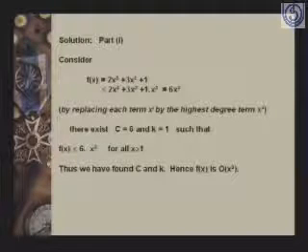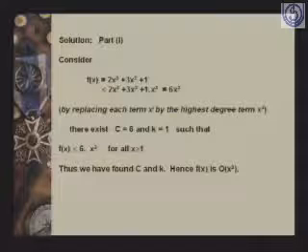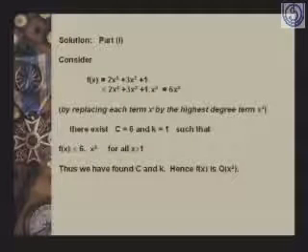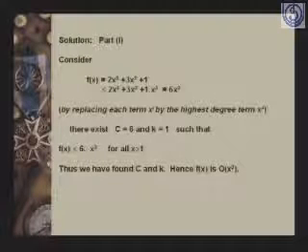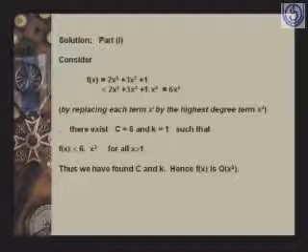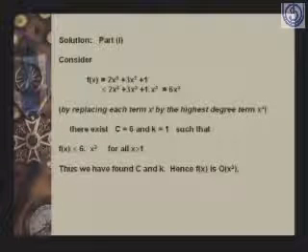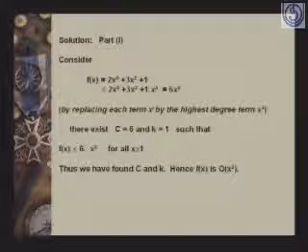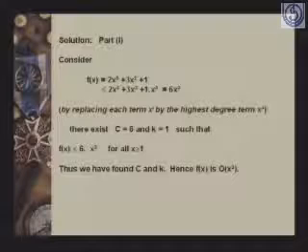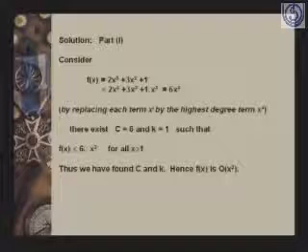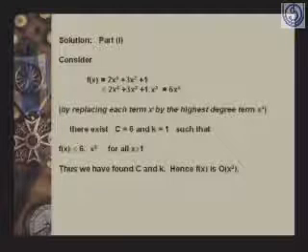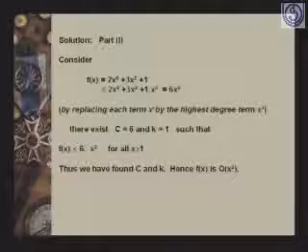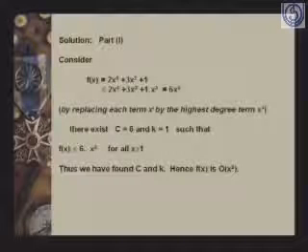X squared has been replaced by x cubed, 1 has been replaced by x cubed, because the value of x squared when x is a natural number is less than the value of x cubed. And therefore, when we replace all the powers by x cubed, we get f(x) equal to 2x cubed plus 3x squared plus 1 is less than or equal to 2x cubed plus 3x cubed plus 1x cubed, which is equal to 6x cubed. What does this mean? That f(x) is less than or equal to 6x cubed for all x.